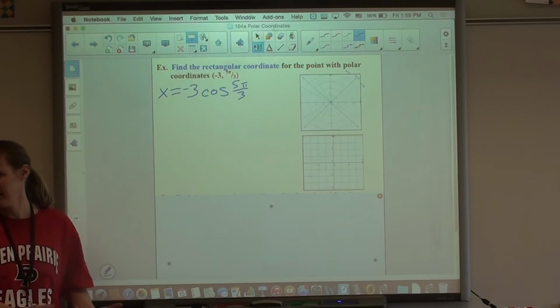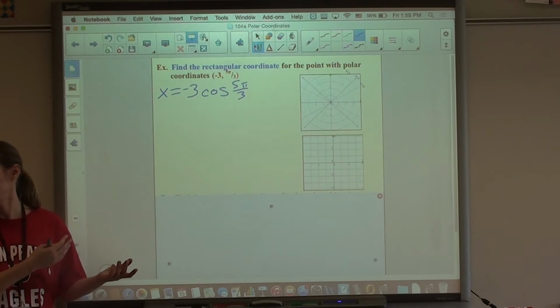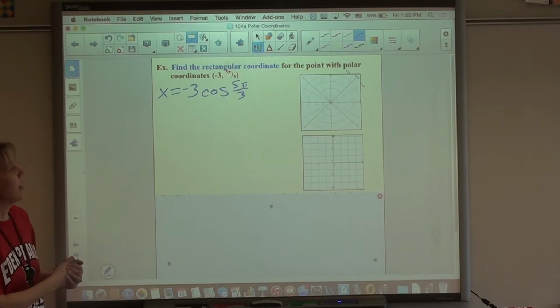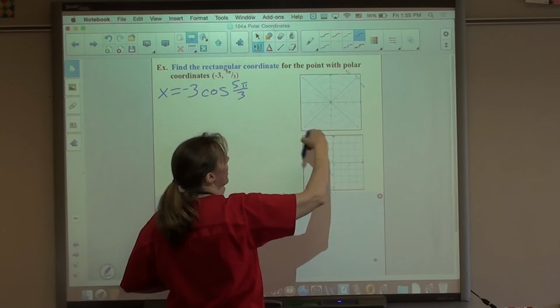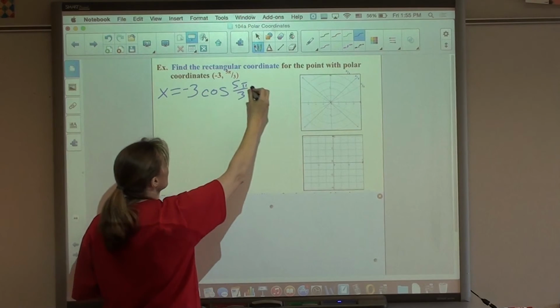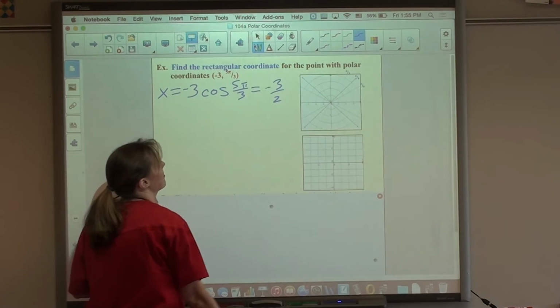There's going to be a lot of trig over the next couple days, so just get used to it. Cosine of pi thirds, I know that's a half. Cosine of 5 pi thirds, we're in the fourth quadrant where cosine is still positive, so it's positive, so this ends up being -3 halves.